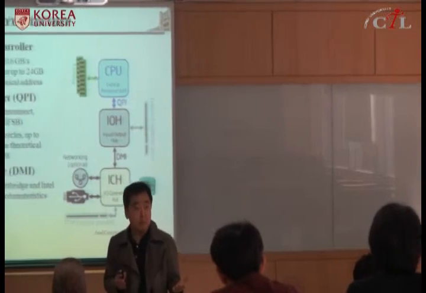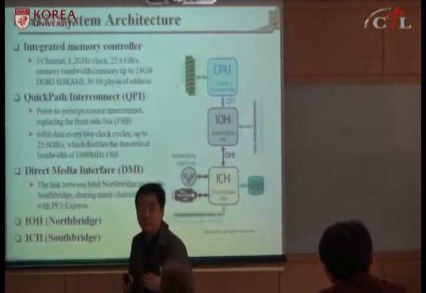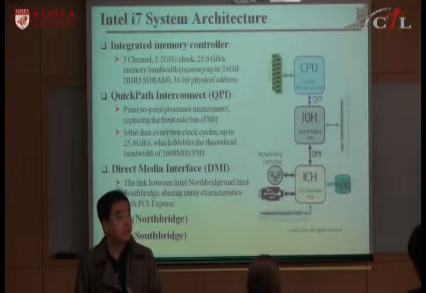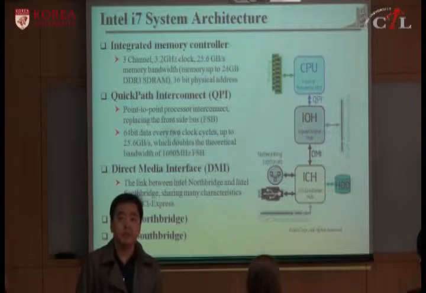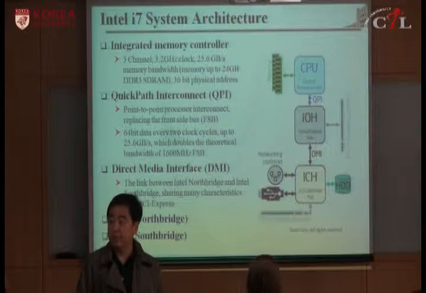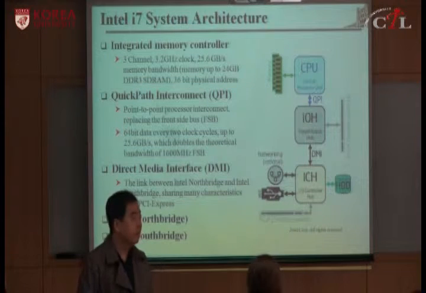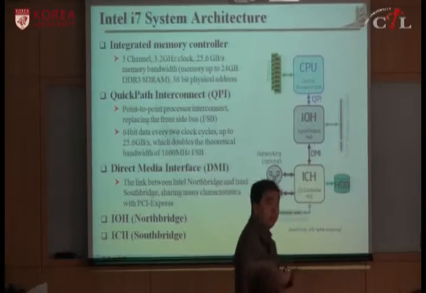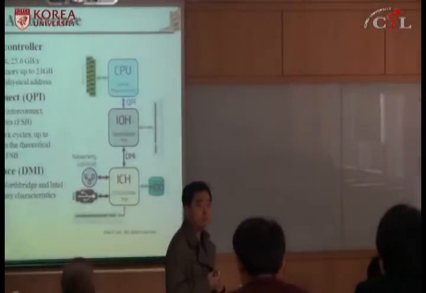So for Pentium Pro, they support 32-bit virtual address and 32-bit physical address, which means the program can be as large as 4 gigabytes, and the DRAM main memory can be as big as 4 gigabytes.